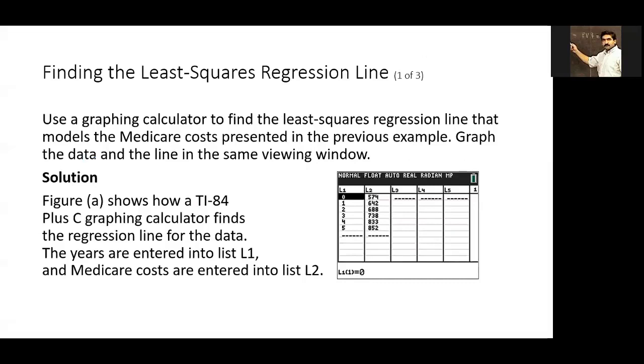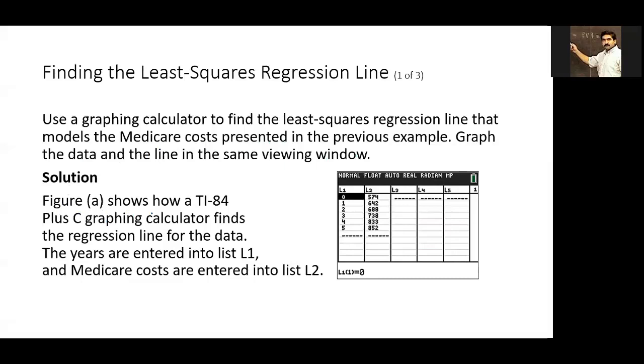We're going to use a graphing calculator to find the least squares regression line that models the Medicare cost presented in the previous example. I'm going to graph the data and the line in the same viewing window.